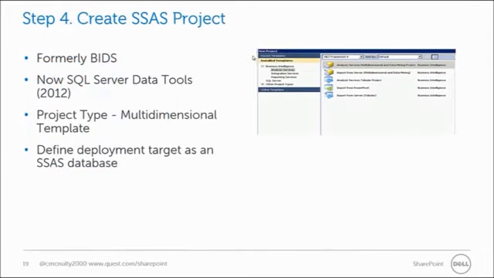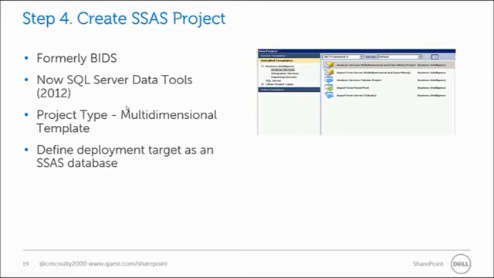So now we move into the heavy lifting part of today's presentation, SQL Server Analysis Services, SSAS. To do that, we're going to open up a tool, which is a subset of Visual Studio called SQL Server Data Tools in 2012. If you're looking for it in older versions of SQL, it's called Business Intelligence Data Services. We're going to create a new project.